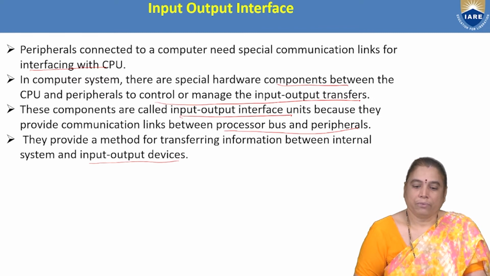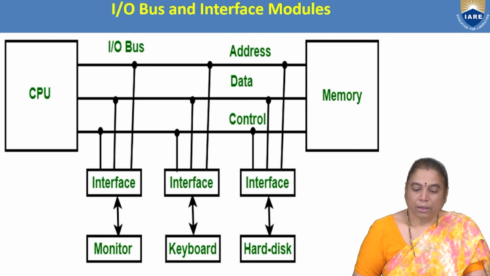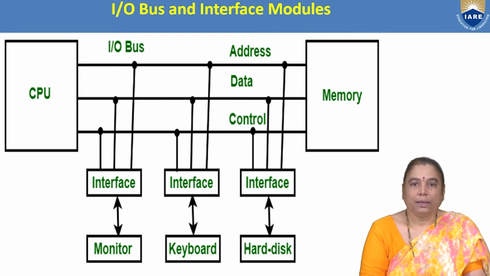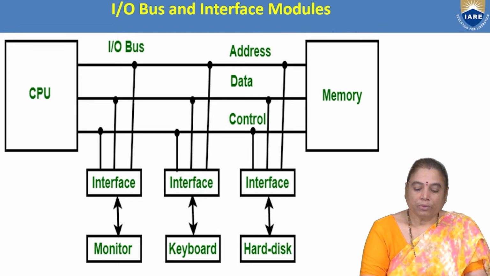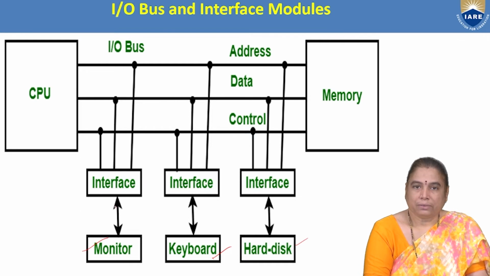Now pictorially we have to see how the interface can be connected. Here in the example we considered the input-output devices: monitor, keyboard, hard disk. These devices can be connected with the interface.